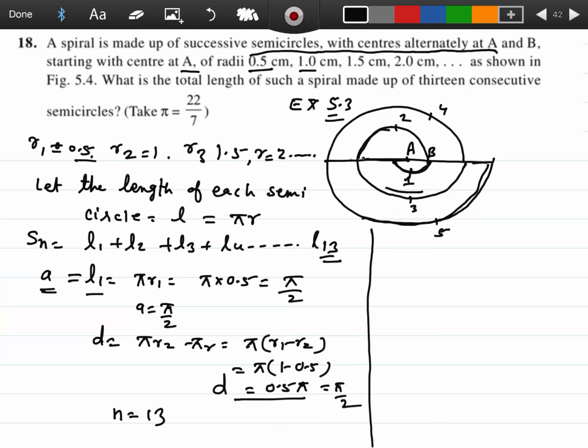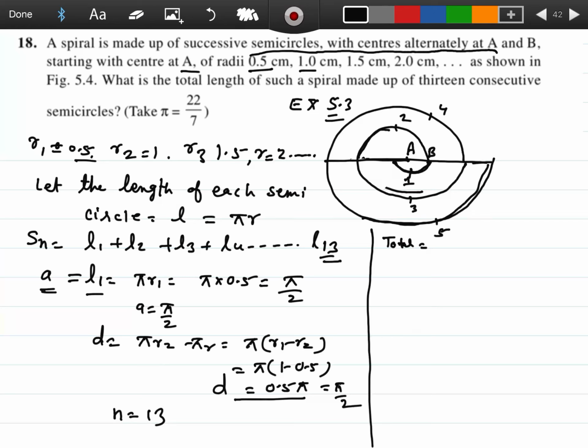Here n is equal to 13. How many semicircles are making this spiral? There are 13 semicircles making this spiral, and we want to find the total length of the spiral.